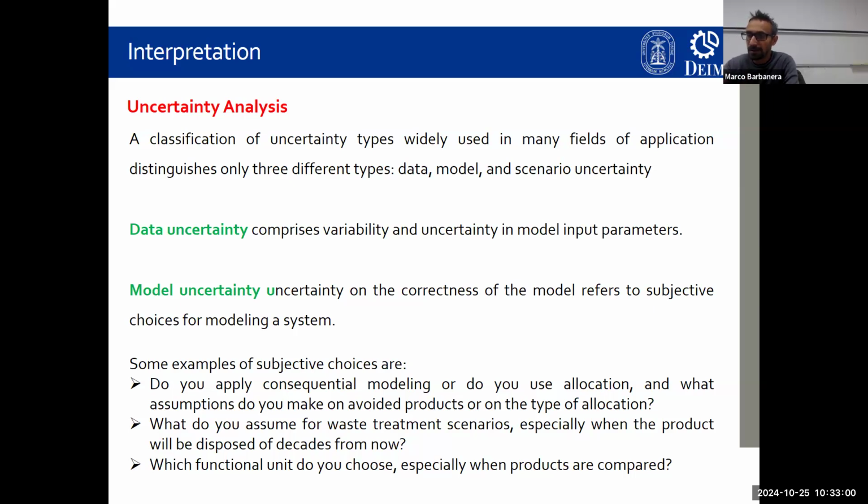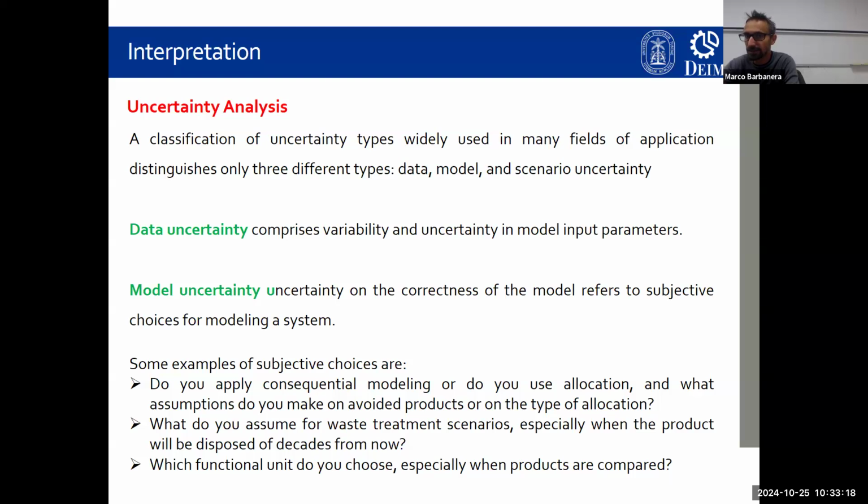For example, another kind of uncertainty could be due to how we want to model the multifunctional processes.